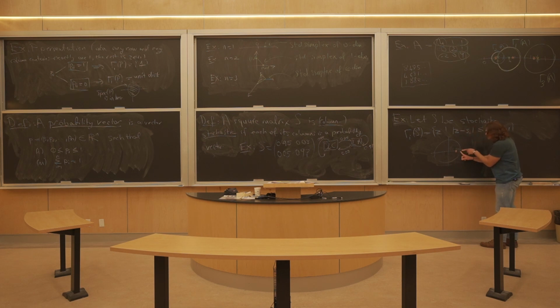Maybe I should draw it using a different color. This is the disk, or circle, of radius 1, and I'm saying have the center here and have your radius be whatever the remainder here is. Which means that once you draw this Gerschgorin disk, it's going to be tangent to the unit disk.